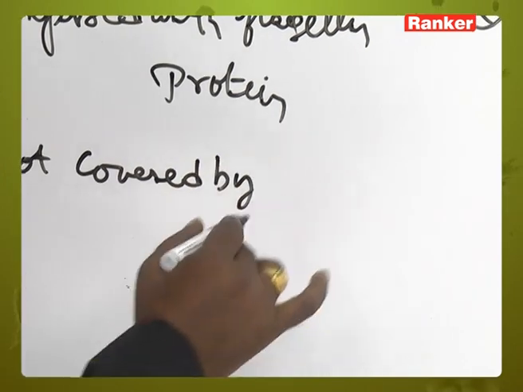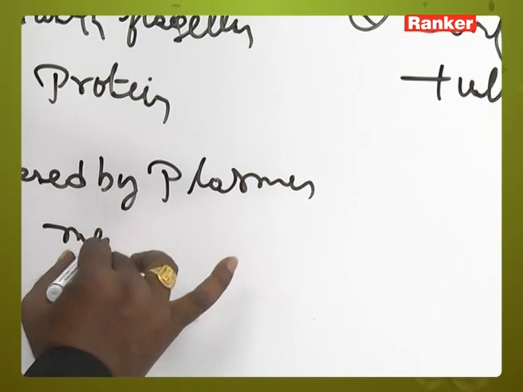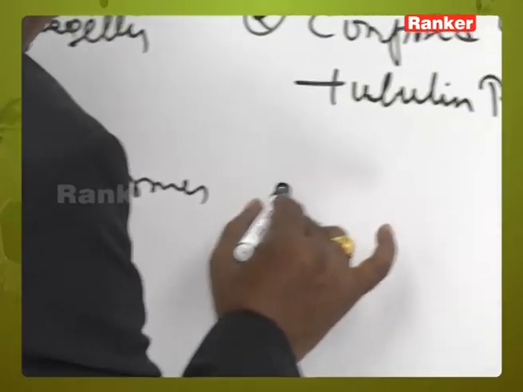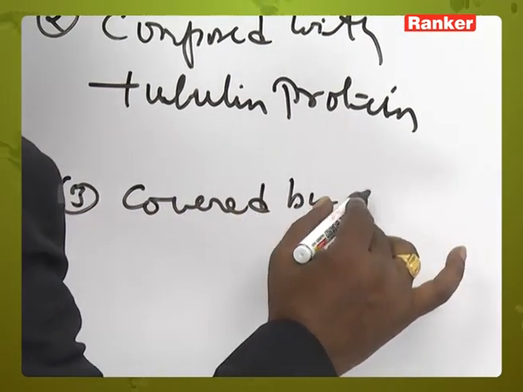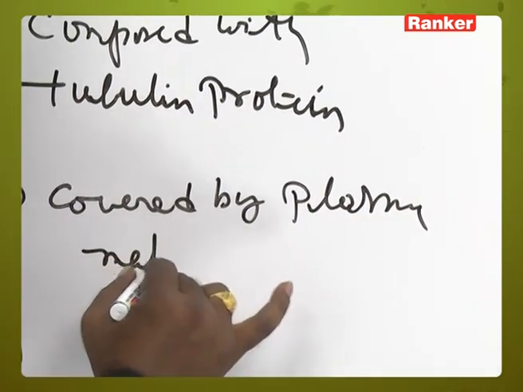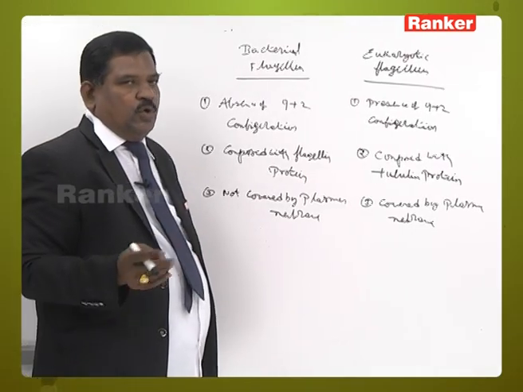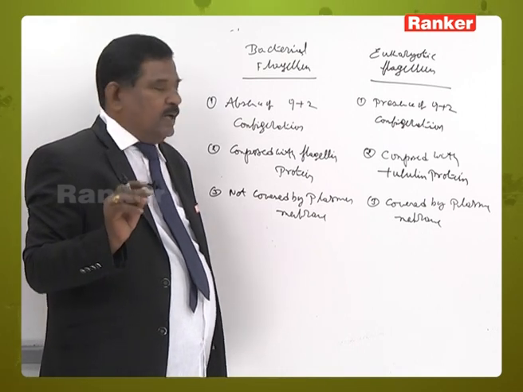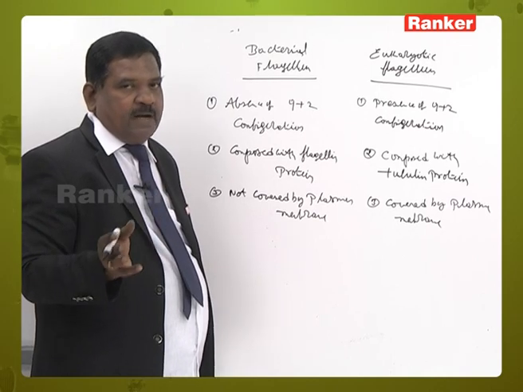Bacterial flagellum is not covered by plasma membrane, while the eukaryotic flagellum is enveloped by plasma membrane.